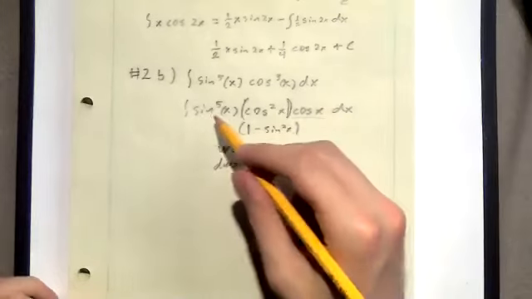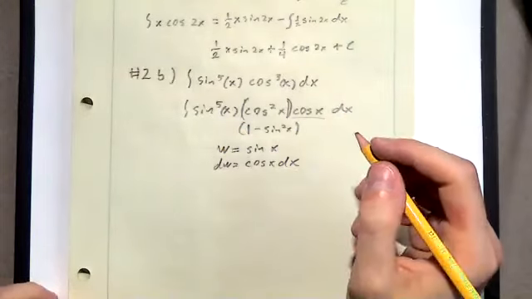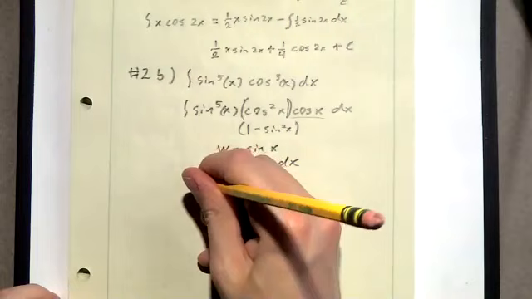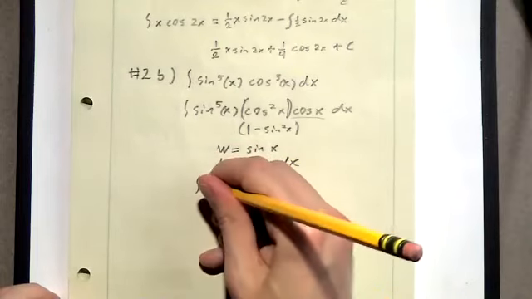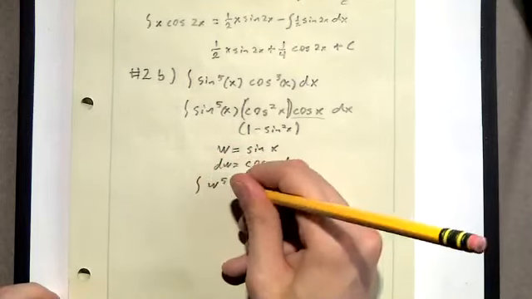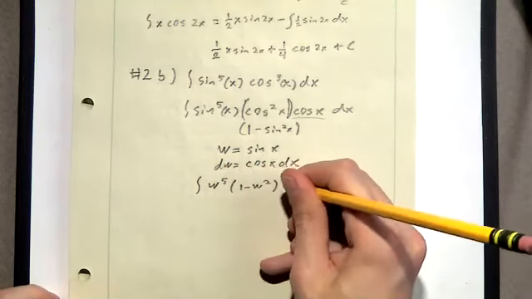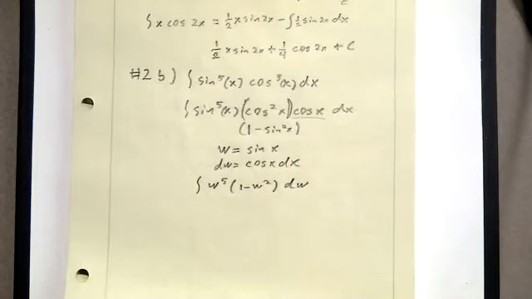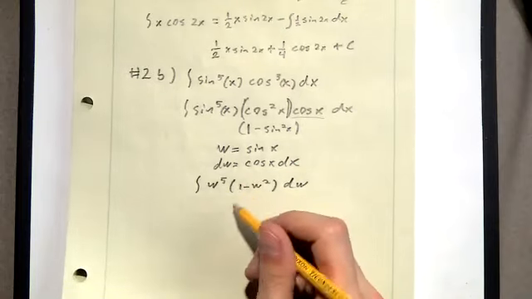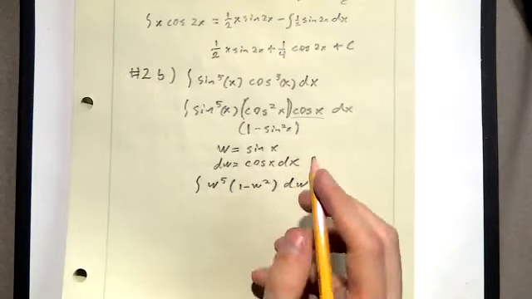So now what we do is we replace all of our sines with w's, and we get the integral of w to the fifth times 1 minus w squared dw. And then this becomes a rather straightforward integral.